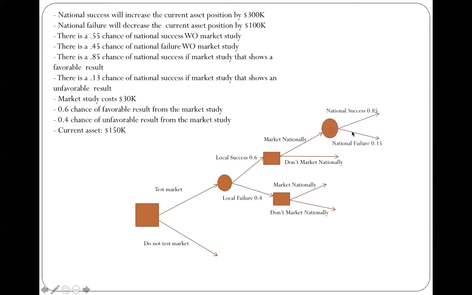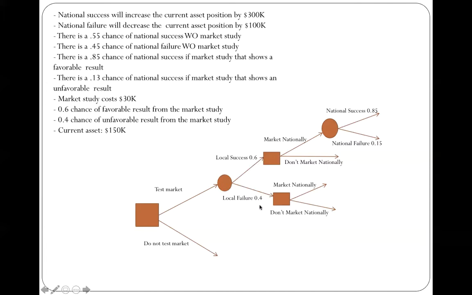The two possible outcomes of marketing the product nationally are a national success or a national failure, each one of them with its own probability, and the values of these probabilities are the ones that we got from the problem statement. If we decide not to market the product nationally, then it's the end of the decision-making process for us.